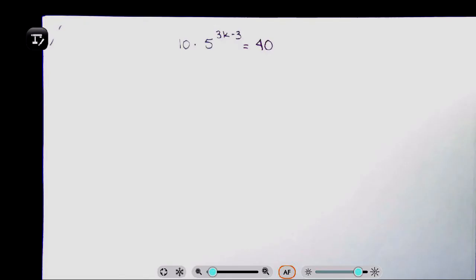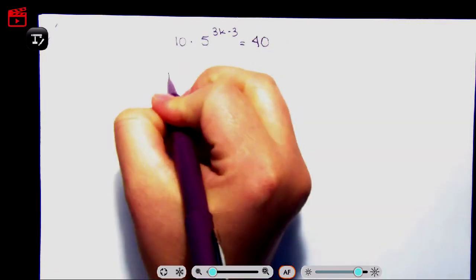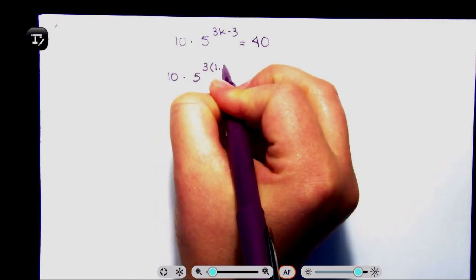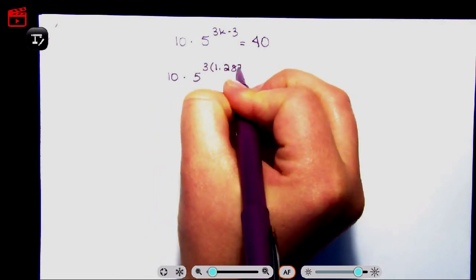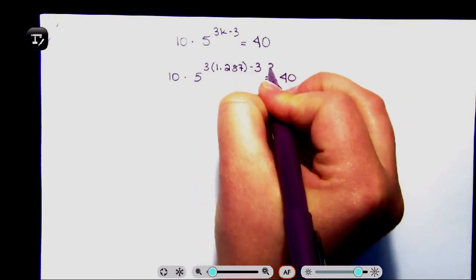Checking your answer here, I went onto another sheet of paper. Because we rounded, it may potentially be a little bit off, but it should be close enough to know that this is pretty much 40. So I'm going to go 10 times 5 to the 3 times 1.287 just to give me a little bit more of an exact, and this is potentially equal to 40.